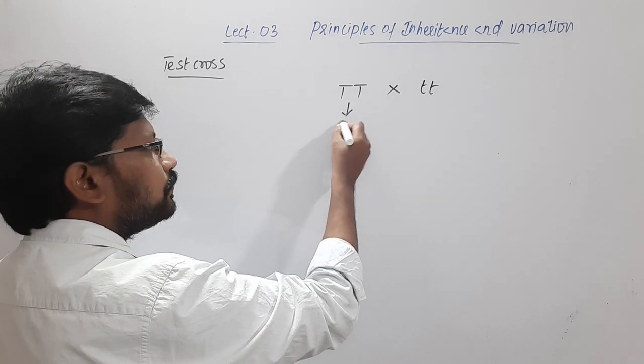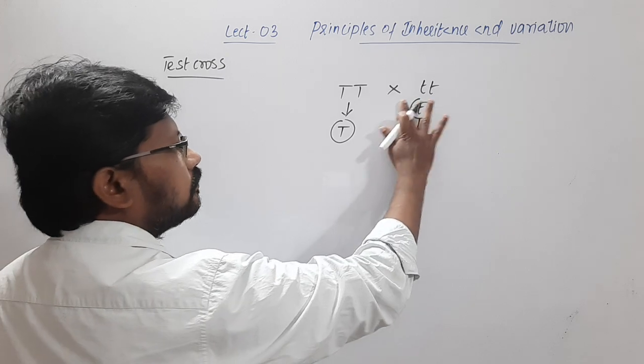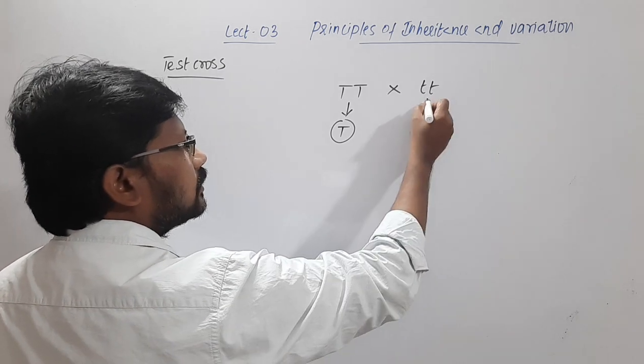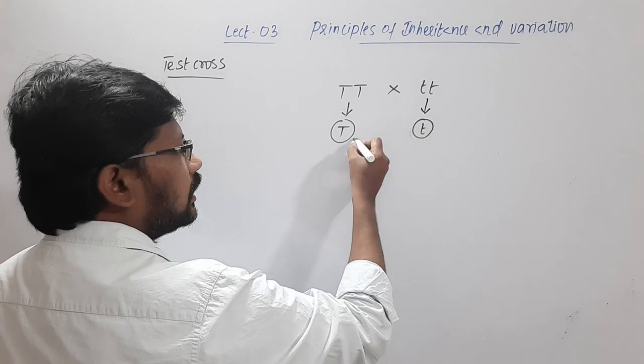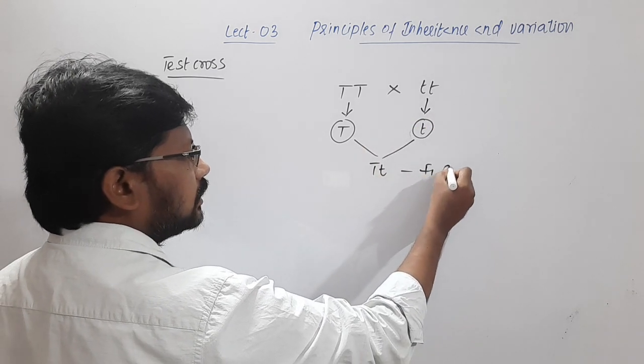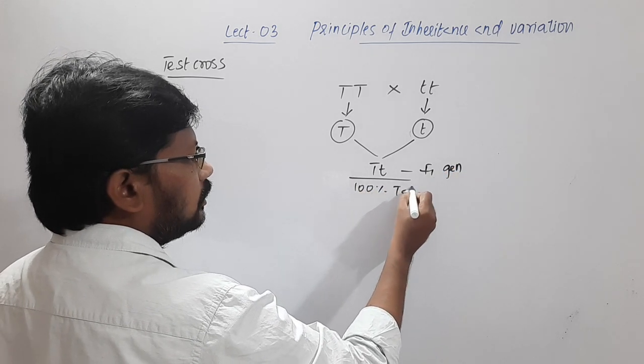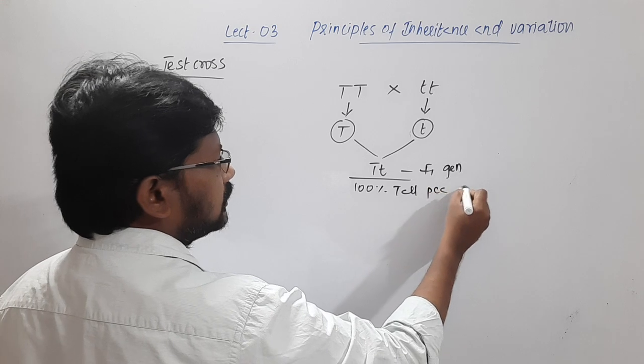So we know, we obtained the gametes, and now these two, capital T small t, that is the F1 generation. We have seen that all, 100%, were tall pea plants.